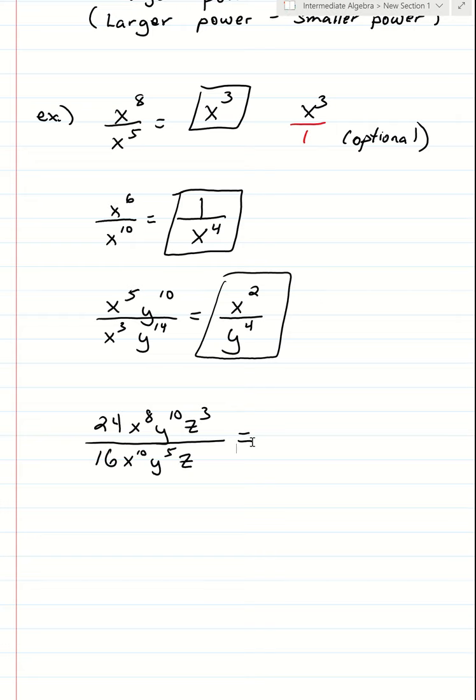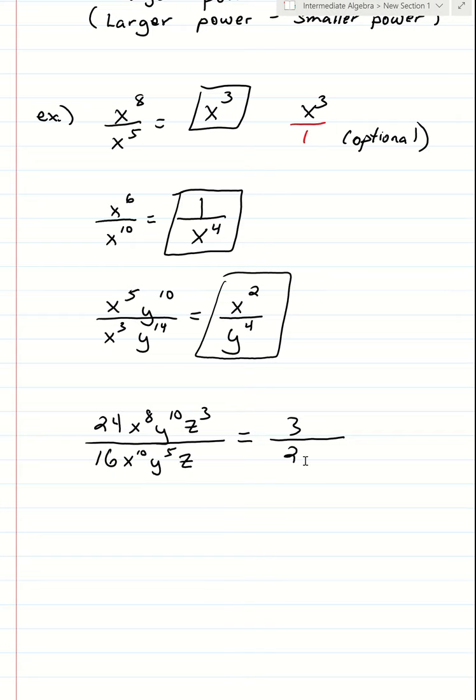Well, I'm going to start by simplifying my fraction. I have the numerical fraction 24/16. That is a fraction that can be simplified because both 24 and 16 are divisible by 8. 24 is divisible by 8 3 times, and 16 is divisible by 8 twice.